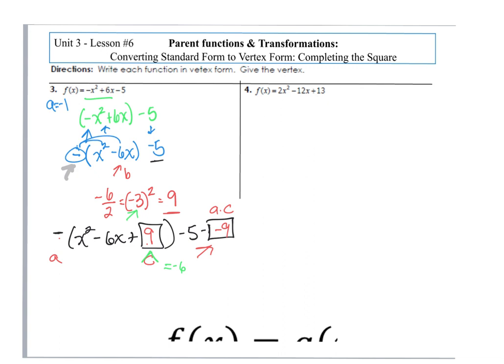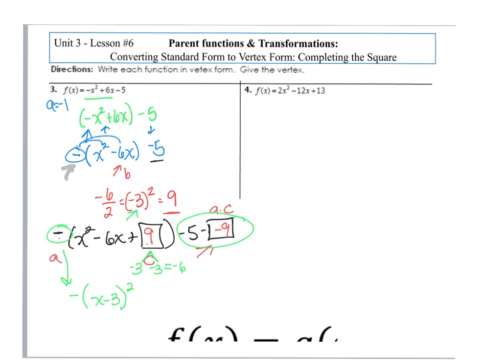It's always going to be that half of b value before we squared it, negative 3 times negative 3. So we rewrite this as negative on the outside. Again, I'm not losing that negative. And then we have x minus 3 in parentheses, all being squared. And then what's going outside the parentheses is simplifying my outside number and what was in the box.